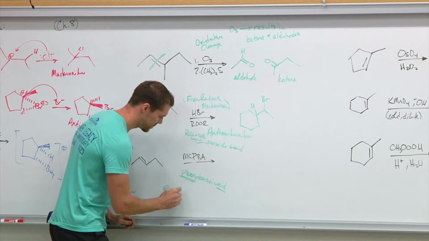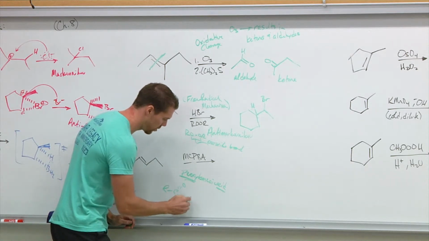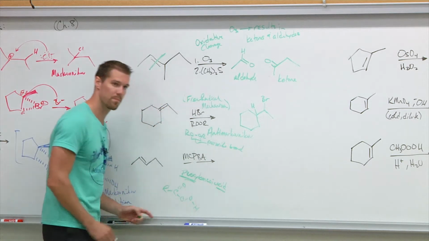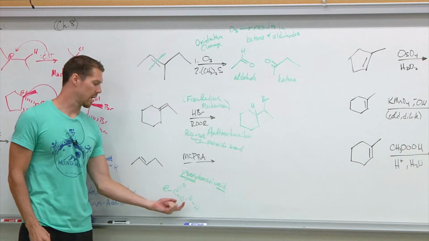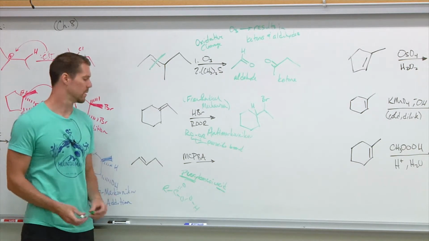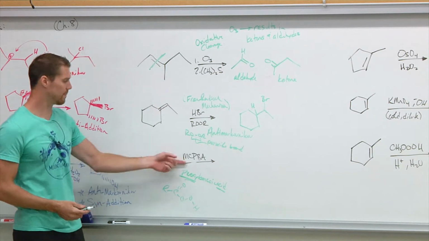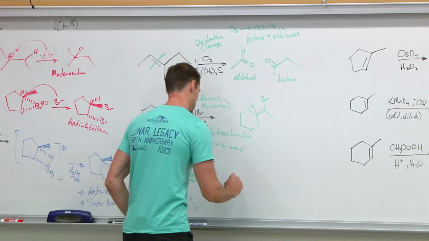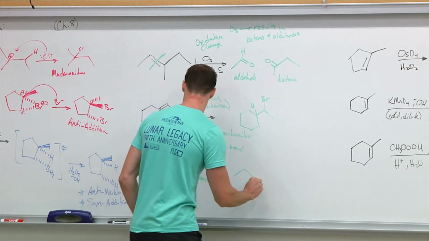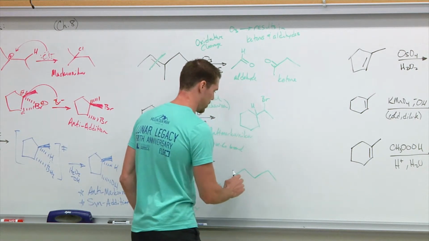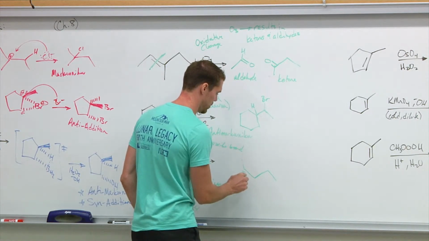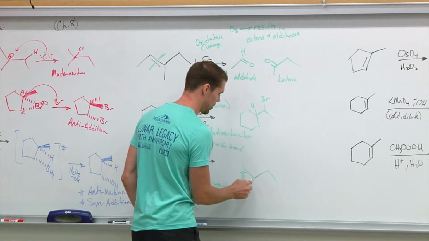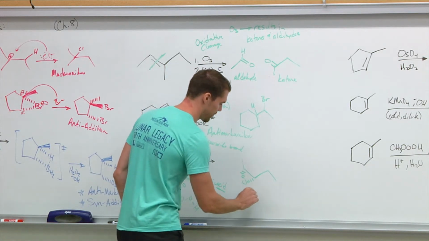R, C, O, O, O, H. Peroxide bond. Again, this is a very weak bond. From MCPBA, you get epoxides.